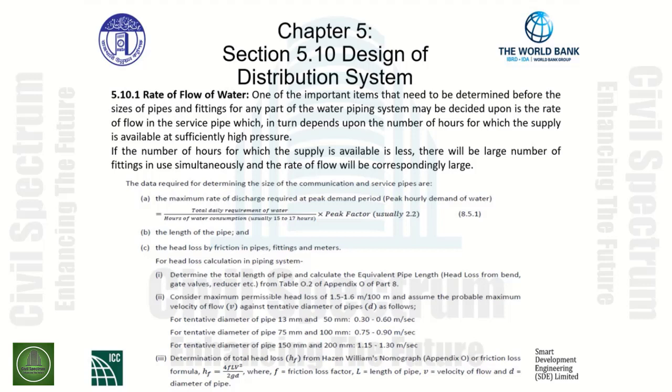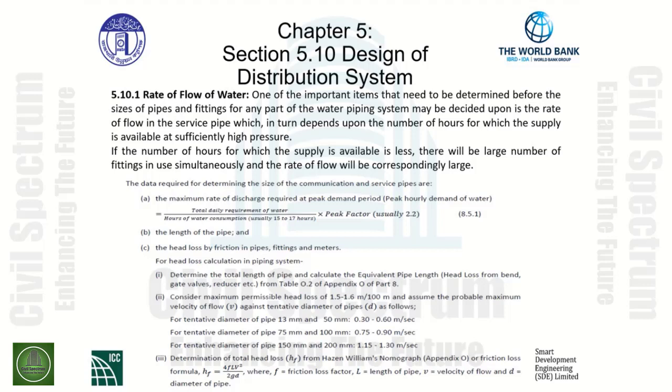We also need to consider the maximum permissible head loss of between 1.5 and 1.6 meter per 100 meter and assume the probable maximum velocity flow against tentative diameter of pipes as follows. For tentative diameter of pipe between 13 millimeters and 15 millimeters, we have a velocity to maintain between 0.3 and 0.6 meters per second.